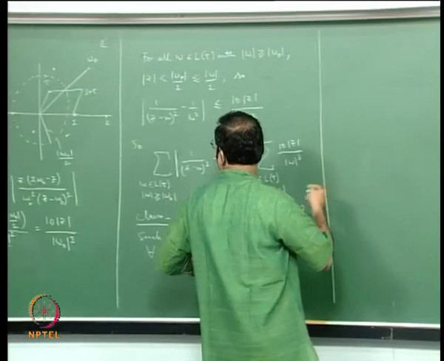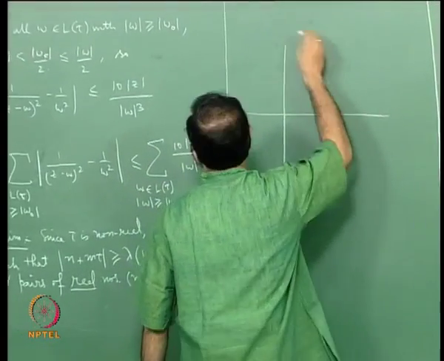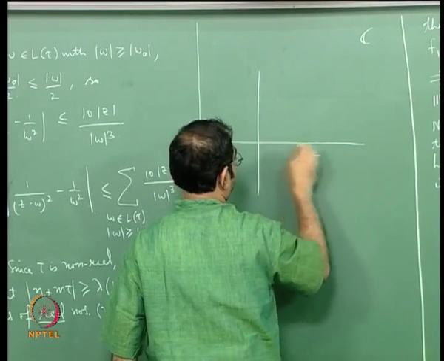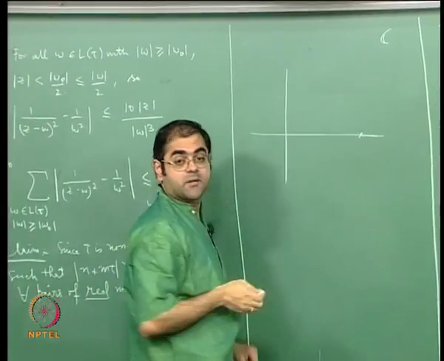So what does this mean? If I draw this lattice, let's assume that n and m are positive.